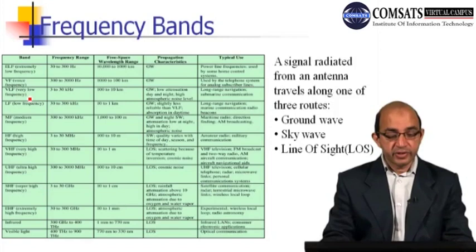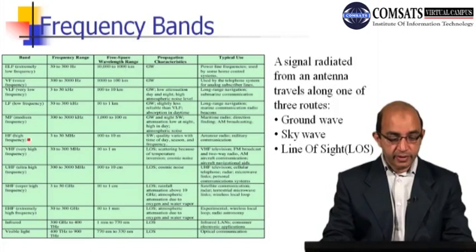Then very low frequency: the frequency range is 3 to 30 kilohertz, the wavelength range is 100 to 10 kilometers, right? And the propagation used is ground wave, right?